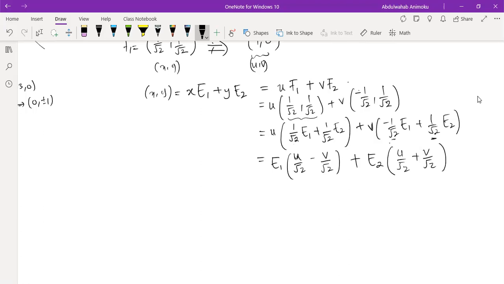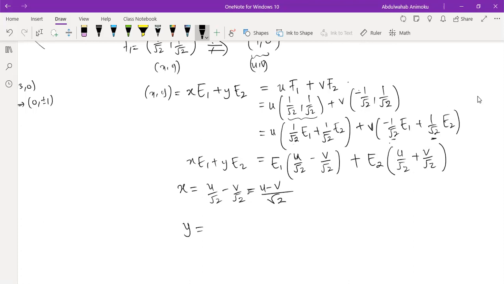So when we compare to the left-hand side, it basically means that our X must be equal to U over root 2 minus V over root 2, which is basically U minus V over root 2.